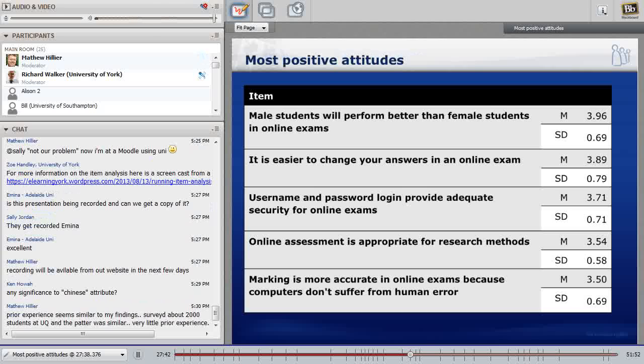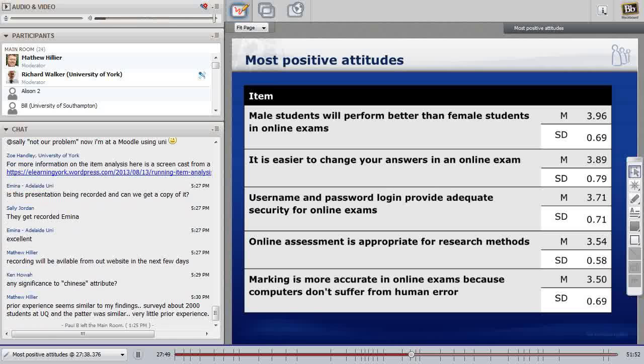What they particularly appreciated about the examination was the possibility of revising their answers, so not scrubbing things out with a pen, and the security and reliability of the examination. Just to let you know, the means here are on a scale of 1 to 5, where 1 was strongly disagree and 5 was strongly agree. So you can see these are the items they most agreed with and the features they most appreciated.